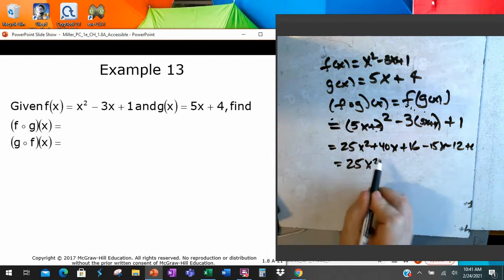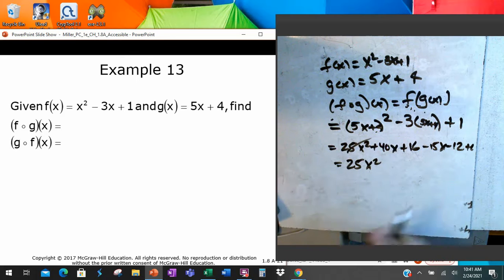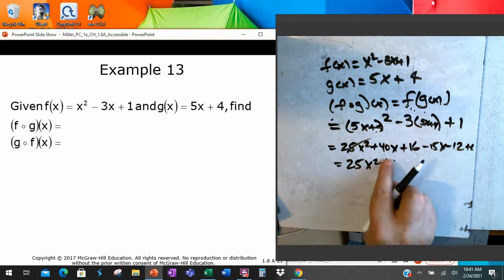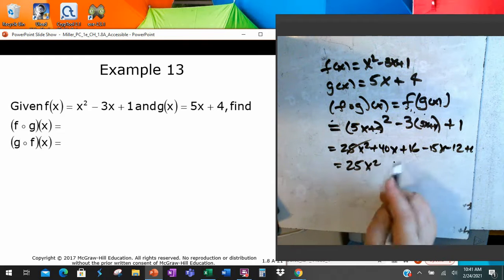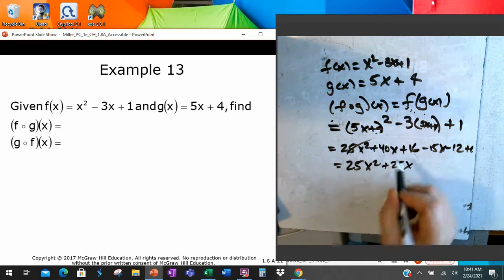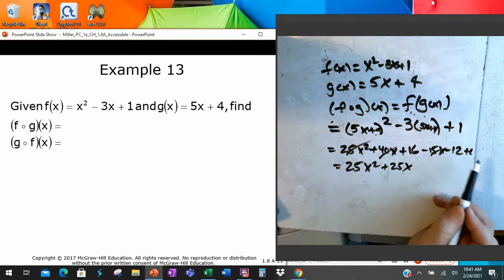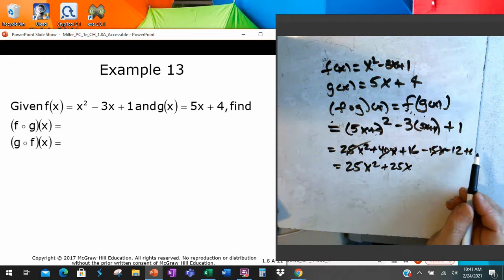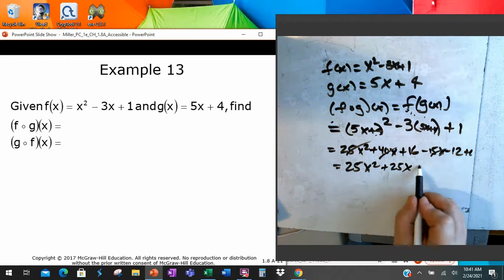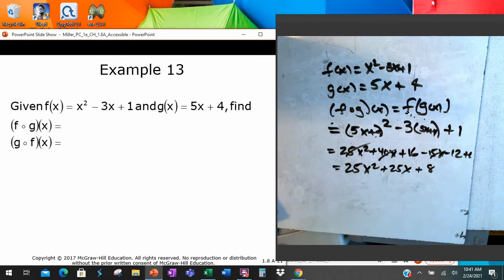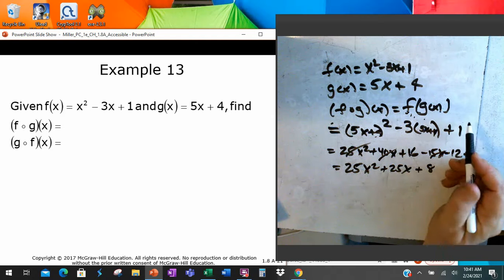And I would go through and group 40x minus 15x is what? 25x. 16 minus 12 is 4, and then plus my 4 is 8, if I did that part right. What did I do for 4 here?